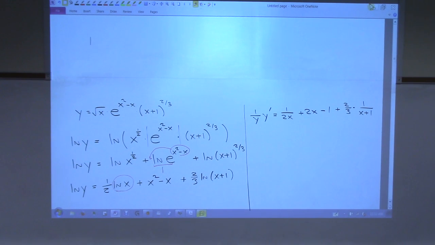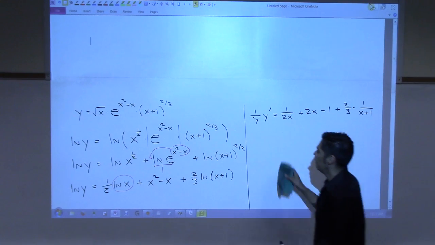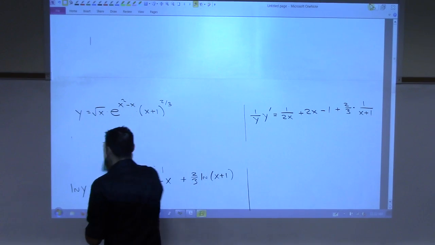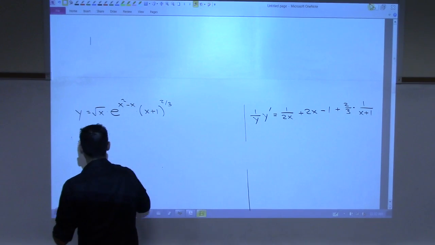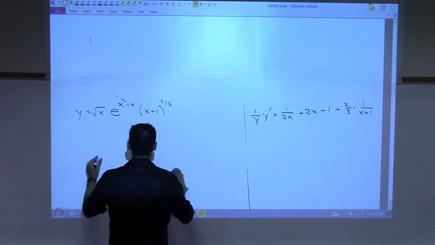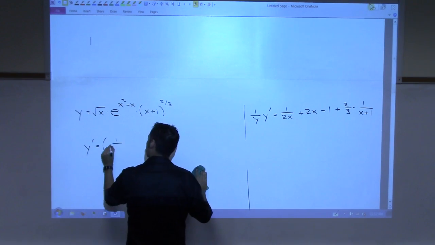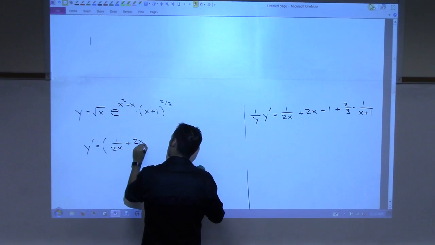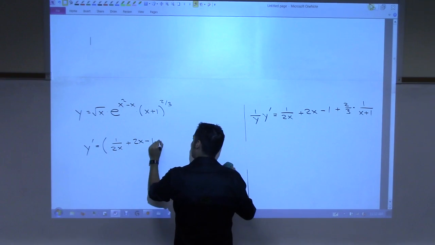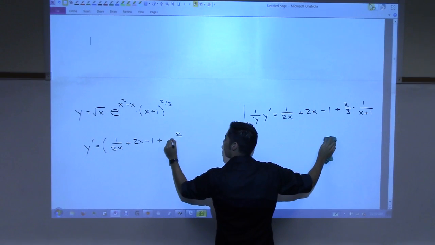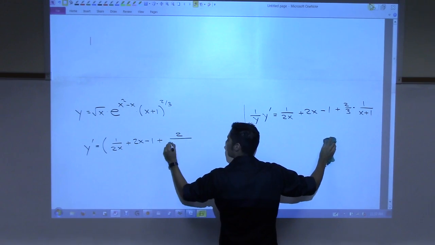Is that okay? Multiply both sides by y. Let's do multiplication of both sides by y. And look, that's what y is up there, right? So y prime will be, in parentheses, 1 over 2x plus 2x minus 1 plus, if you want, you can put these two together. You could write 2 over 3x plus 3.